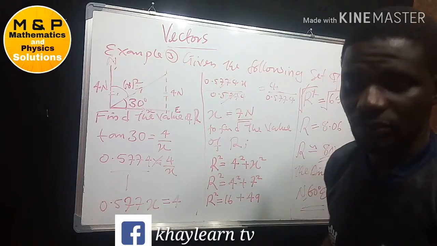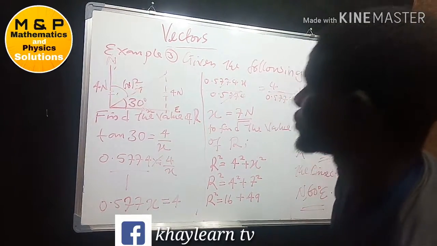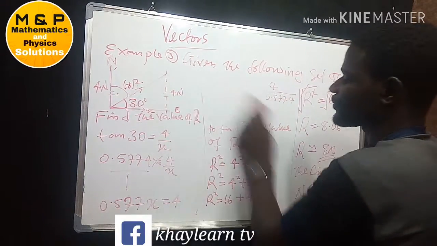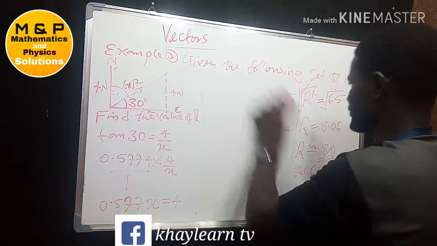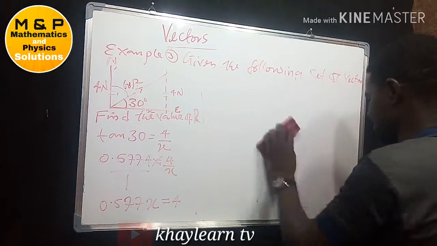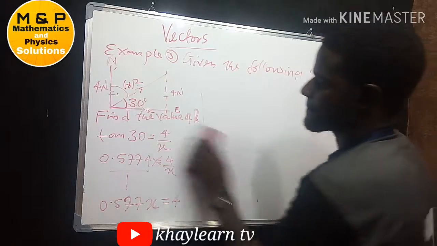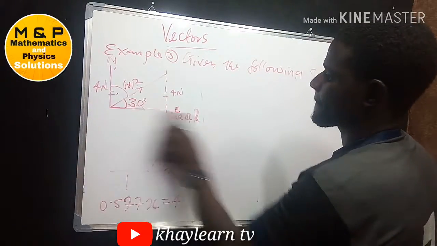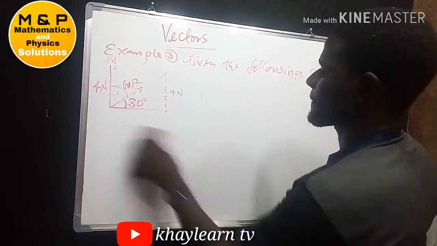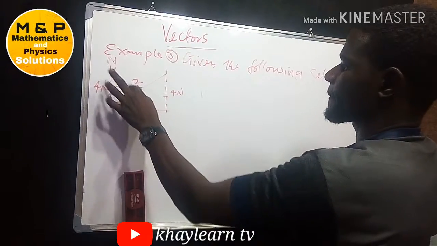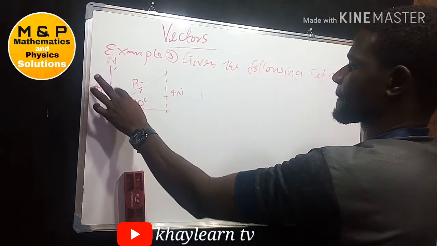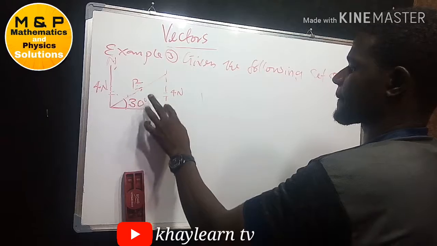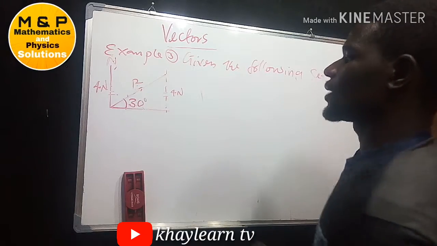So the direction is north 60 degrees east. This is a long process of doing it. There is a short process to do it. Look at how it's going to be. So this is what we are given.